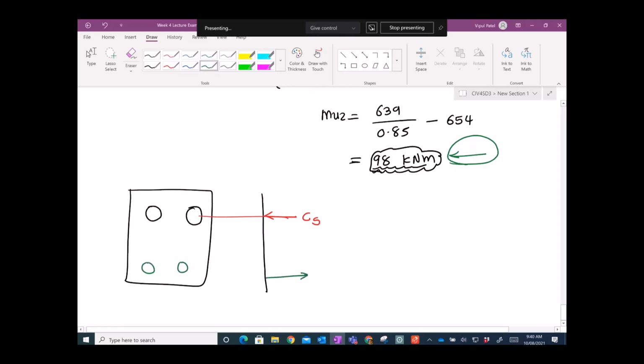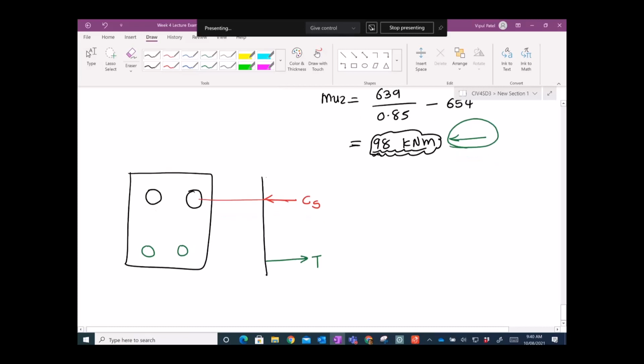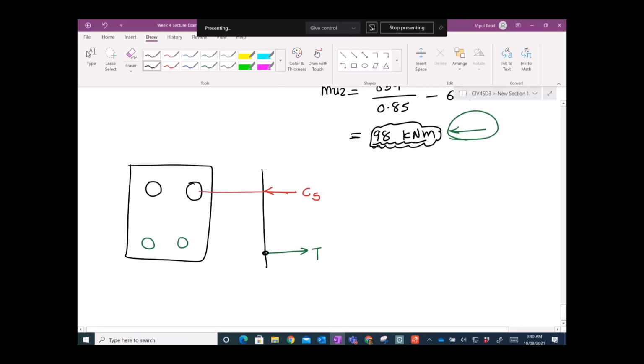The concrete force I'm not putting in, because it will just create confusion for me. So let's take the moment again about the same point as last time, and let's give this lever arm the value Z2. I hope you understand that we take the moment again and work it out.